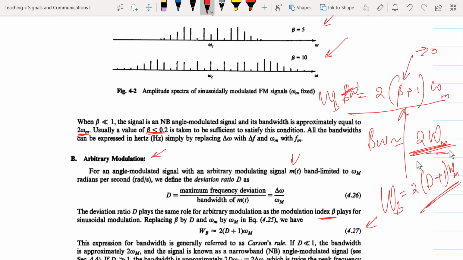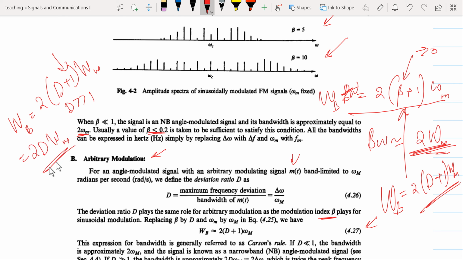And if D is far much bigger than 1, then from the definition of bandwidth as 2 (D plus 1) omega M, the 1 becomes insignificant, and therefore the bandwidth will be approximately equal to 2D omega M.